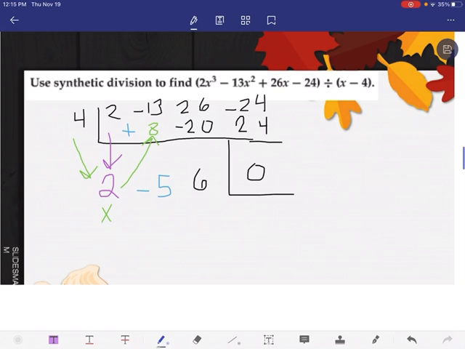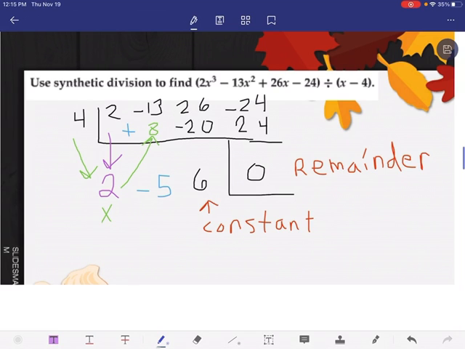Now this last number I'm always going to box off because it's always going to be our remainder. So in this case, our remainder is 0. Then the next number over is always going to be our constant. Then the next is our x, then our x squared.